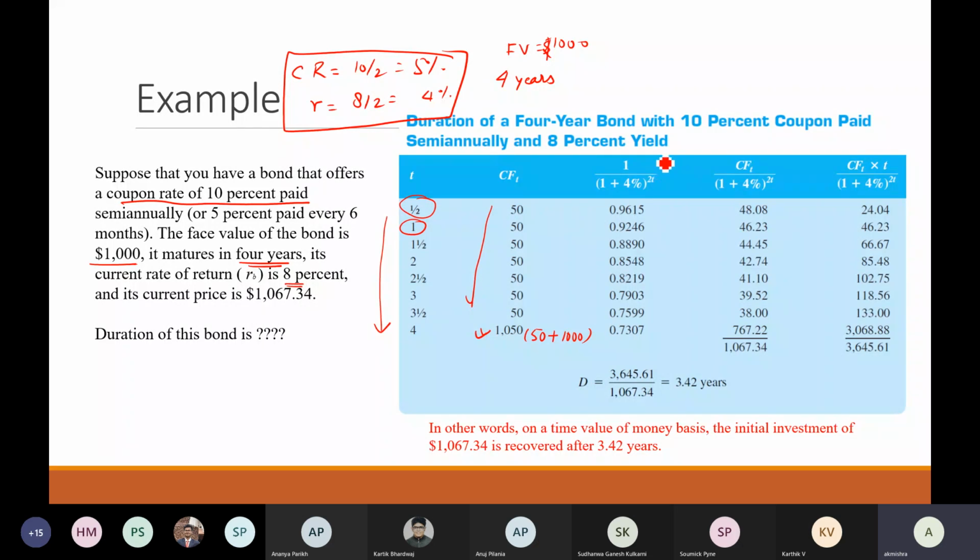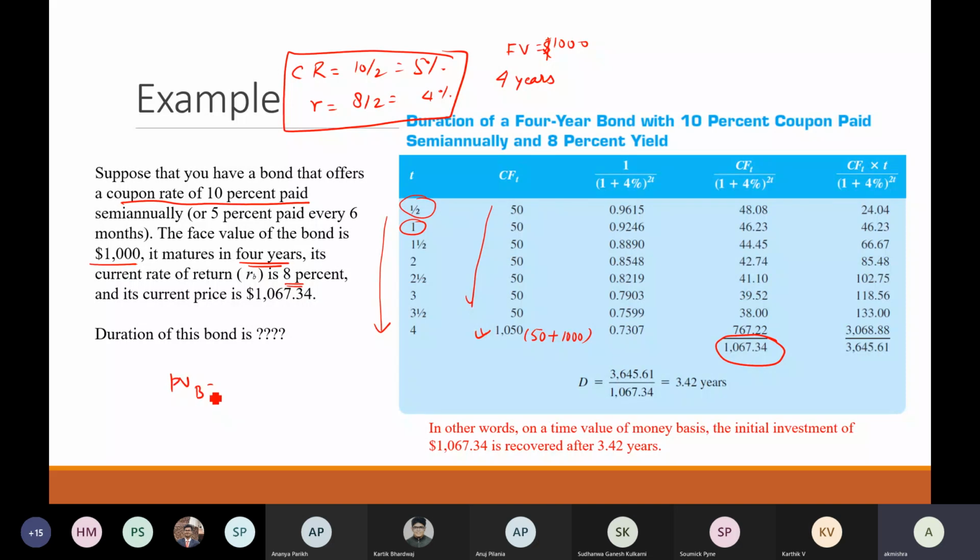So this is how we are calculating your initial value, and this is basically representing the present value of this bond. How do we calculate present value?